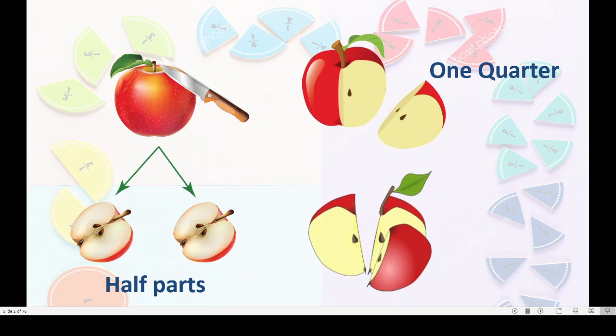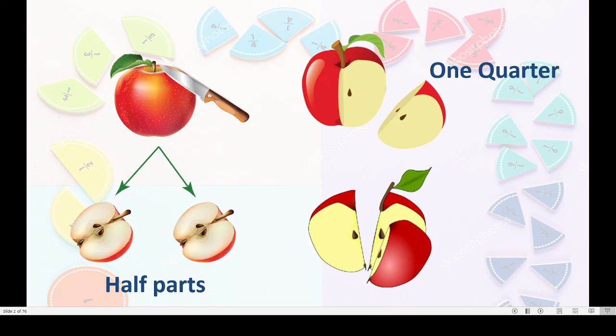Now the rest three quarters are called 3/4. You learnt this in the first part, that is half, quarter and 3/4. Right?